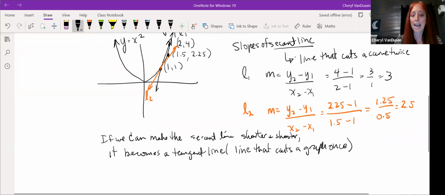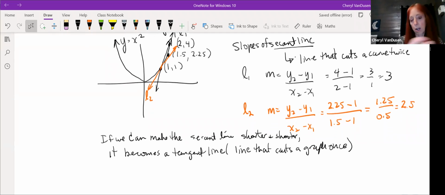Now, the math behind this, let's talk about that, because I really want to get into derivatives, but I want to give you some of the background here. If we looked at 2 points on the secant line, say point 1 being, on this nice curve, the easier one, the point 1, 1. And then we're going to look at a point that's a little tiny bit further along, 1 plus h.